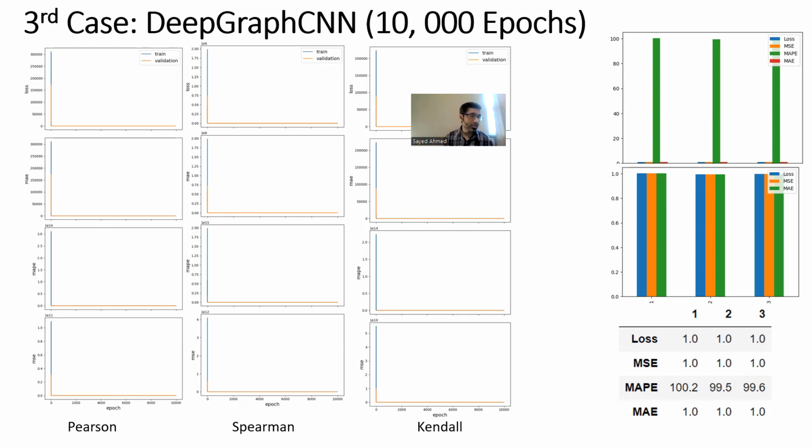Now, one thing is this deep graph CNN, what does it expect? It expects many different graphs for training, some different graphs for testing, and some more different graphs for validation. In my case, I have only one graph, so imitating that was a little bit difficult.